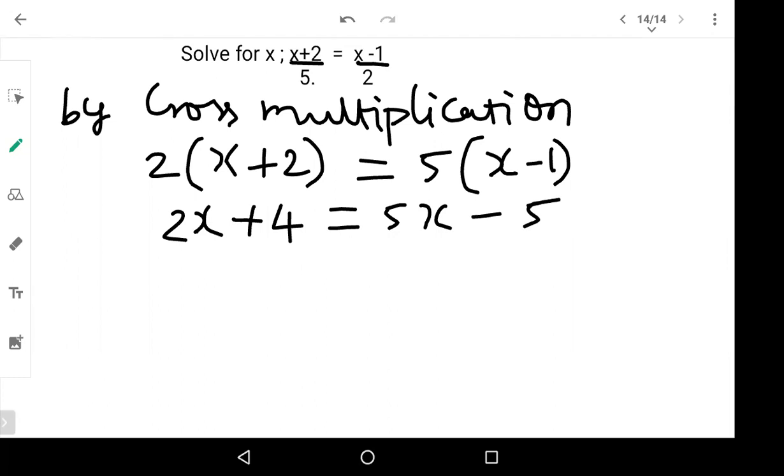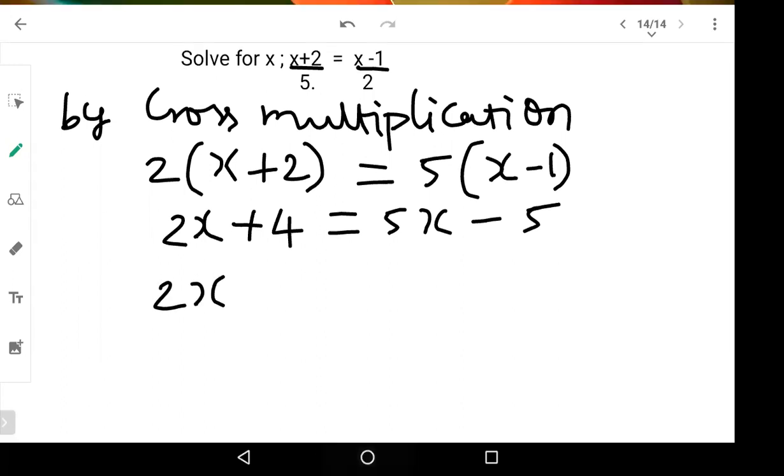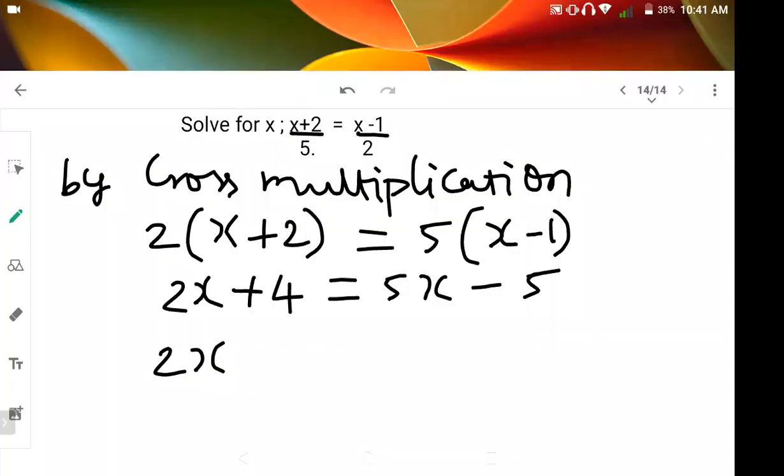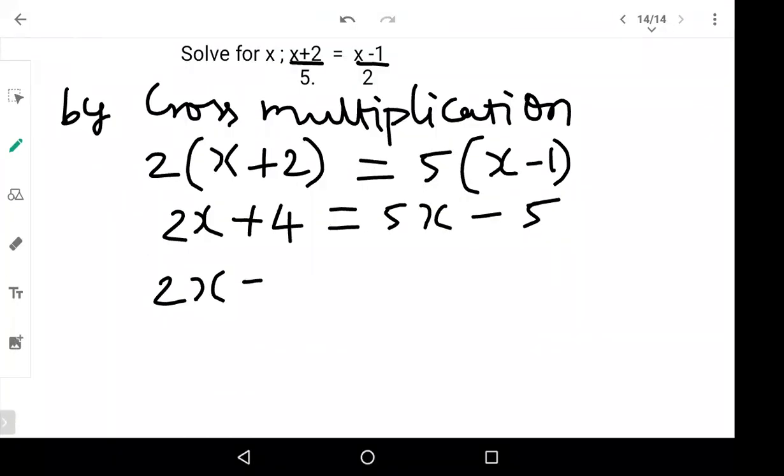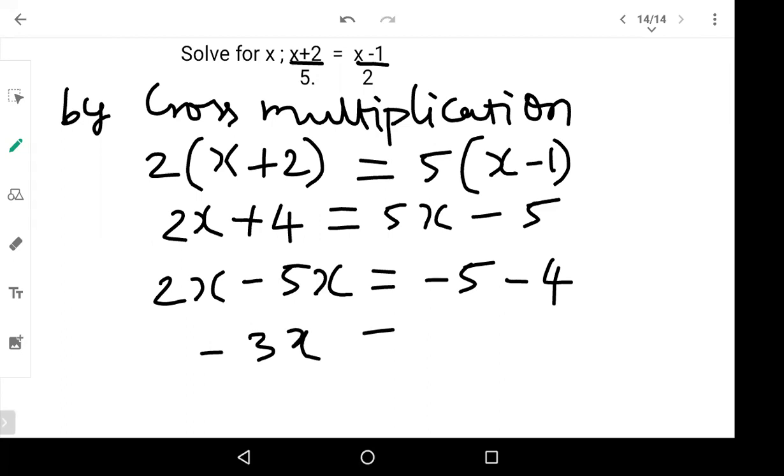And then next step is 2x. I'll take minus 5x to this side is equal to minus 5 minus 4. So here I get minus 3x is equal to minus 5.